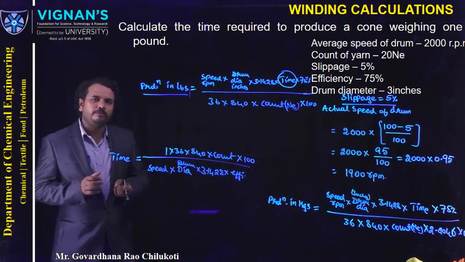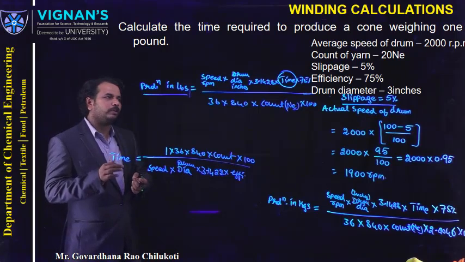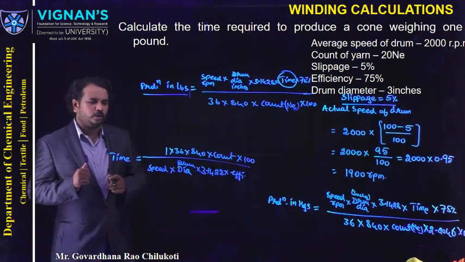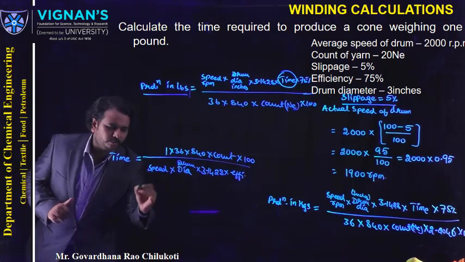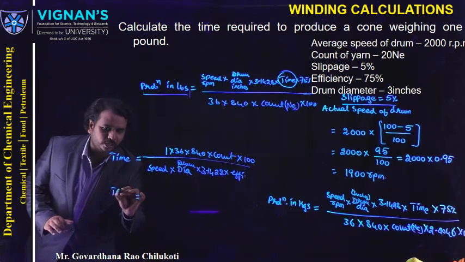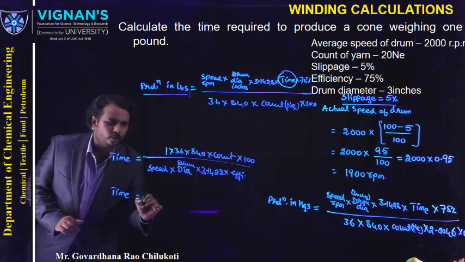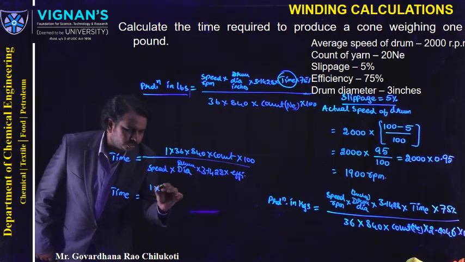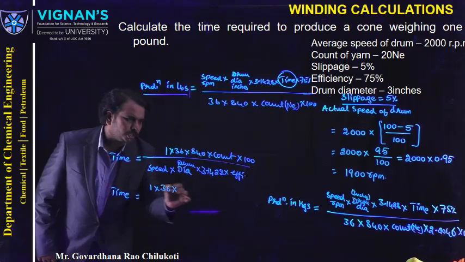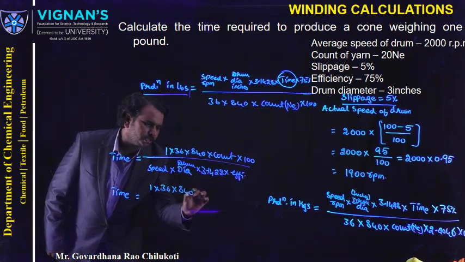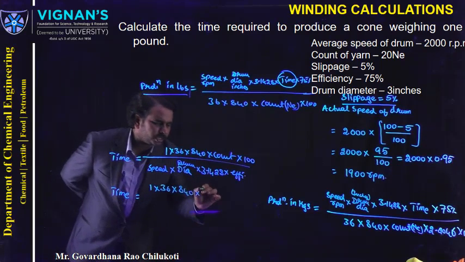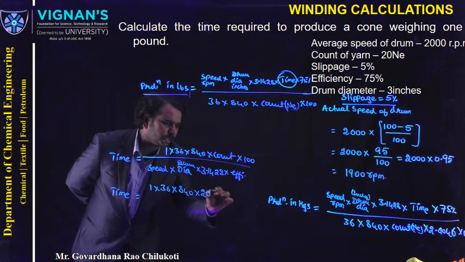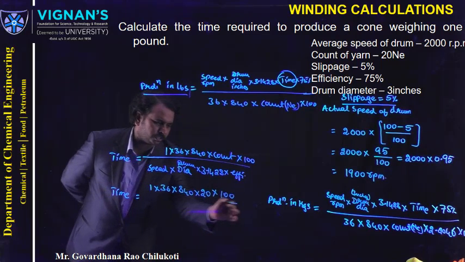So this is how we can calculate. Now we will substitute whatever is given. You can see here, time in minutes we are going to calculate. And 1, that is 1 pound we are producing, 36,840 are the constants. Count is given, 20 CNE, and this is for efficiency.